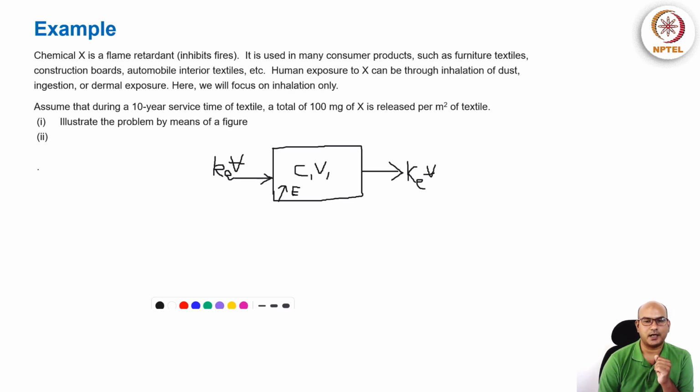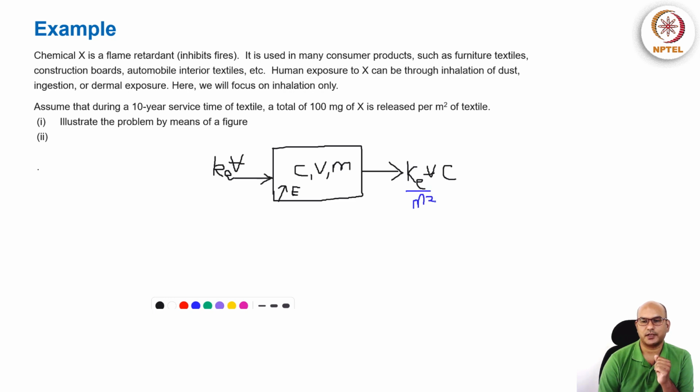If we have a mass inside the room, then anyway clean air is coming, and the amount that will go out of the room will be Ke V times C. How? So Ke times V is the volume going out.